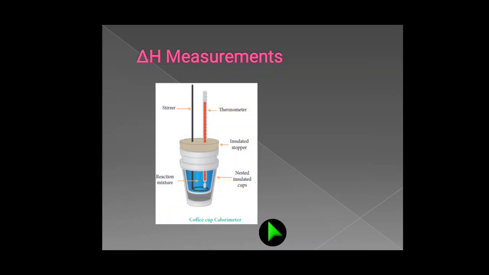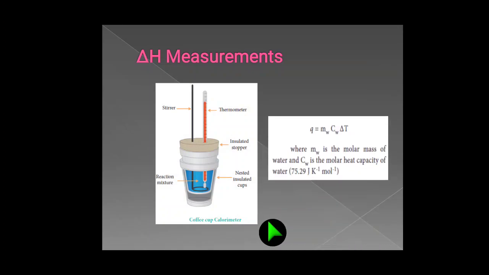This method can be used for reactions where there is no appreciable change in volume. The change in temperature of the water is measured and used to calculate the amount of heat that has been absorbed or evolved in the reaction using the following expression.